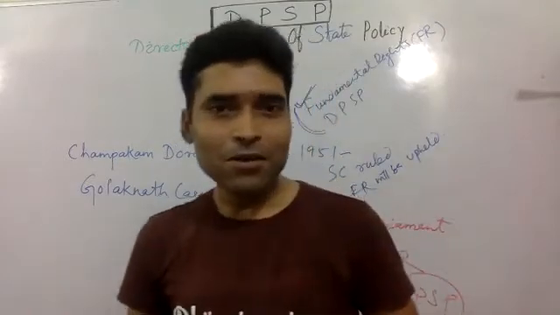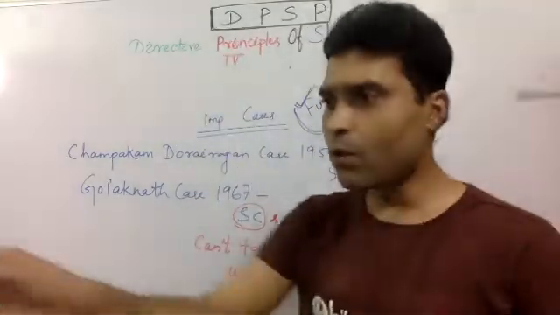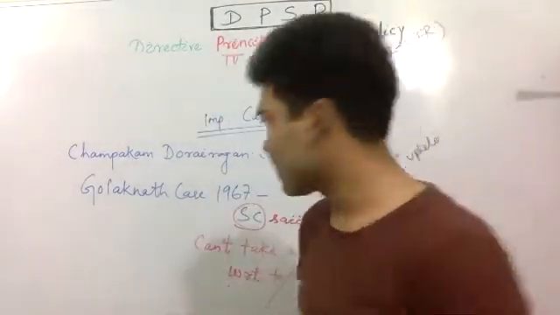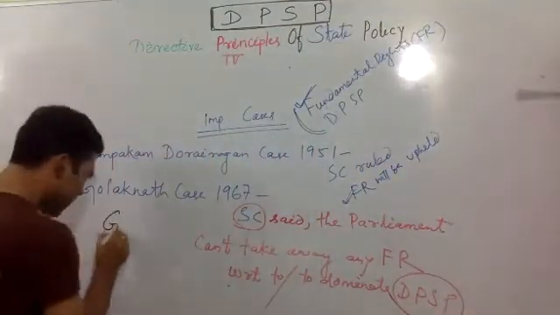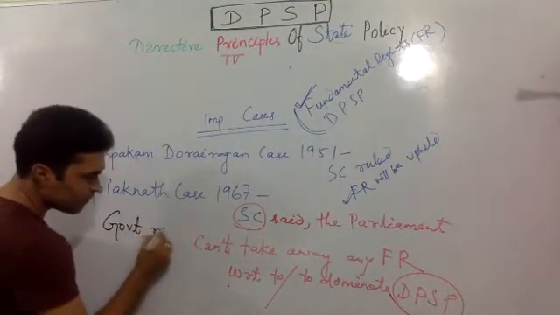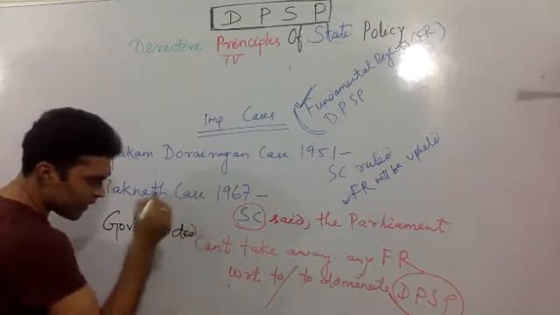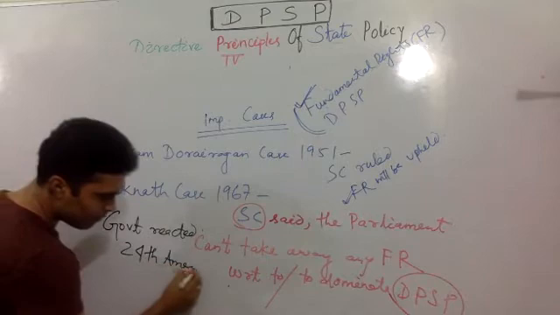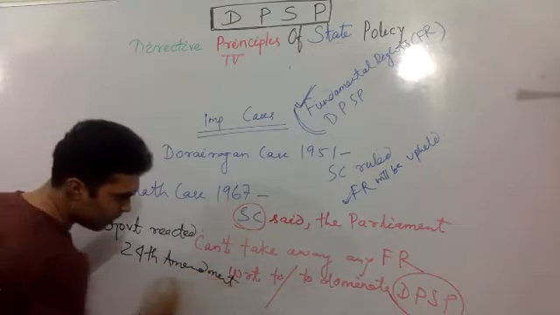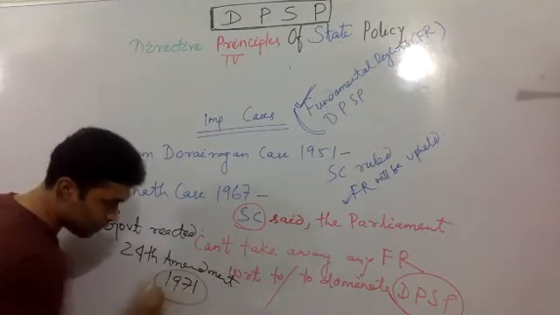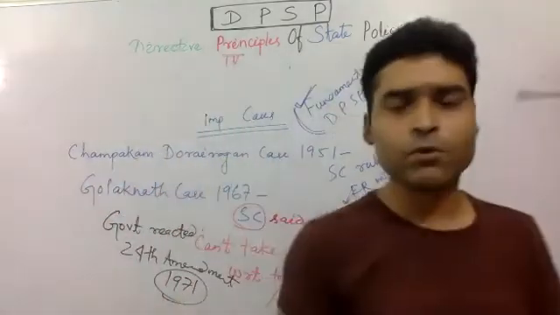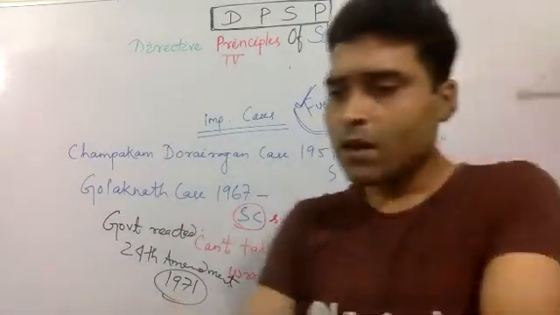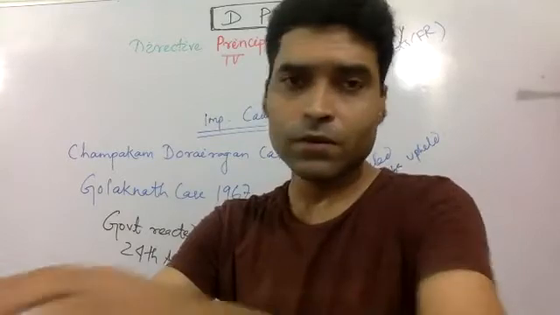And now the government reacted. What happened? The government reacted, and the 24th Amendment came in 1971. This is going to be very, very important from the exam point of view. Try to understand, let me explain again.